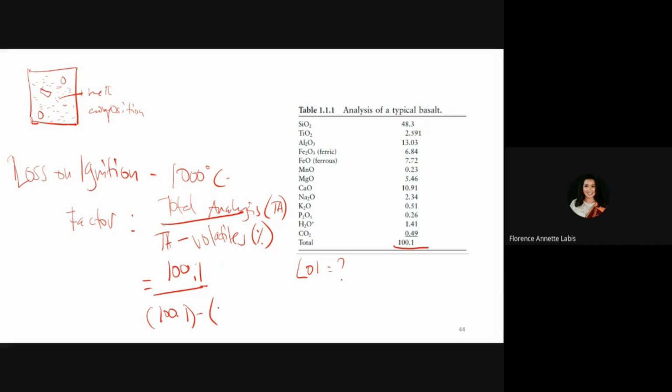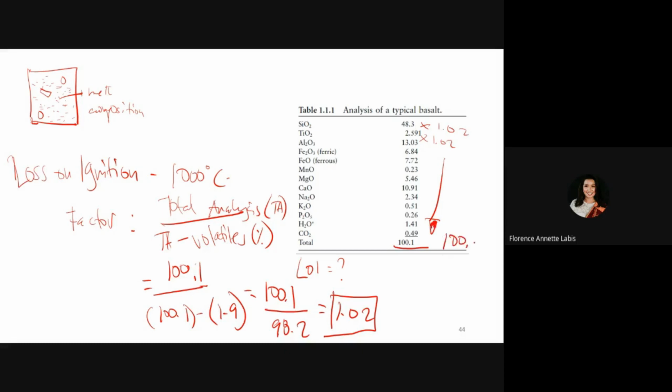So it is around 1.9, and 100.1 over 98.2 gives you 1.02. So that's the factor. And what are you going to do with 1.02? You multiply that to each oxide, and basically you will end up with 100.1.